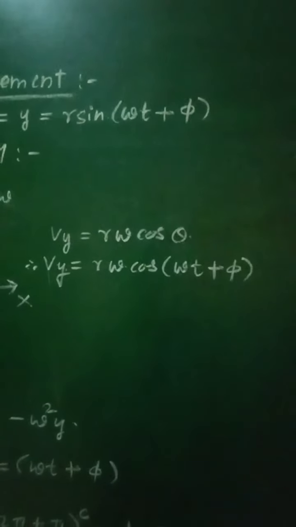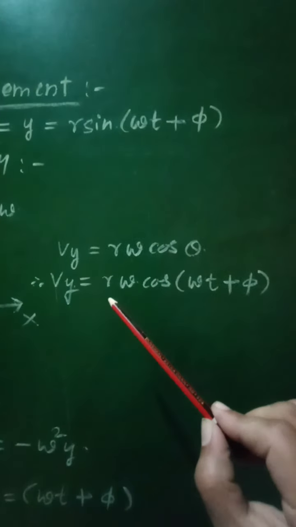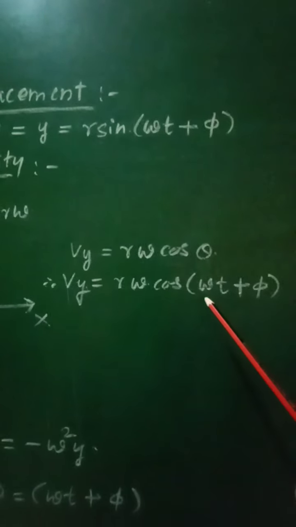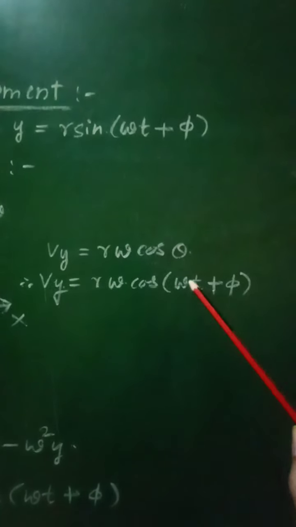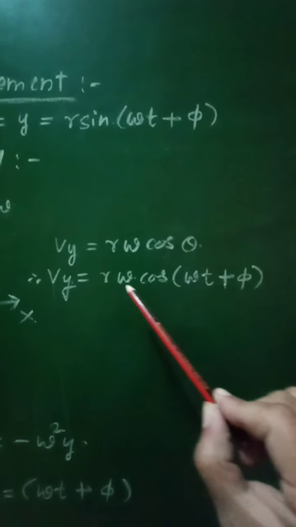But already we have studied that the velocity of a particle performing linear SHM is given by a similar equation. That equation is v equal to a omega cos of omega t plus phi.